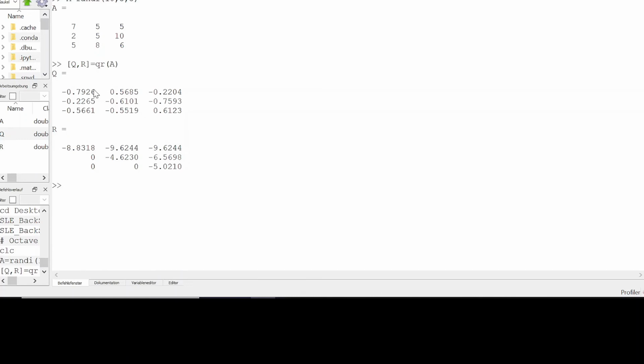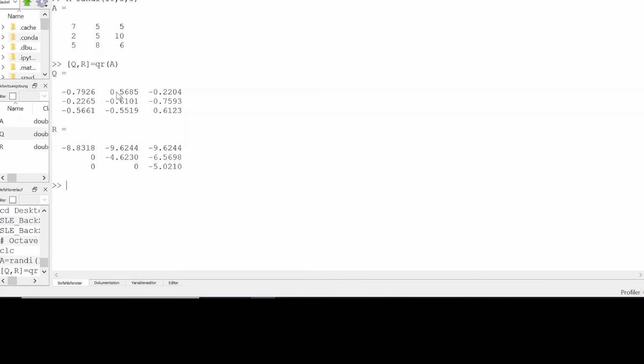Why is it orthogonal? Because if we check the length, this entry squared is more or less 0.64. This entry squared is more or less 0.1. So sum these, we have 0.74, and this one squared is more or less 0.3. And sum these entries, it will be 1.